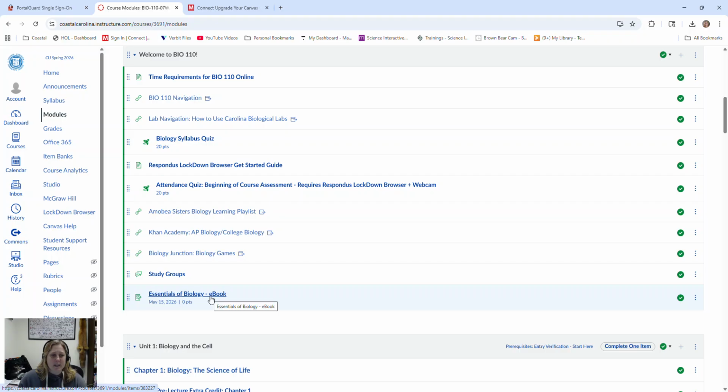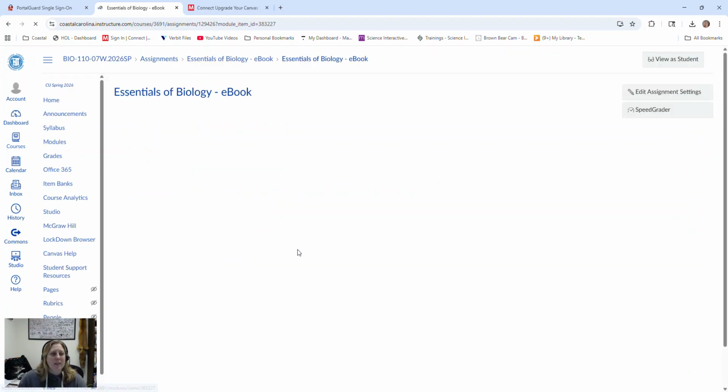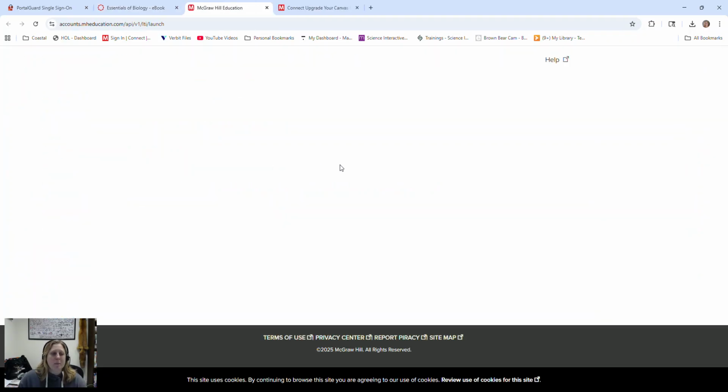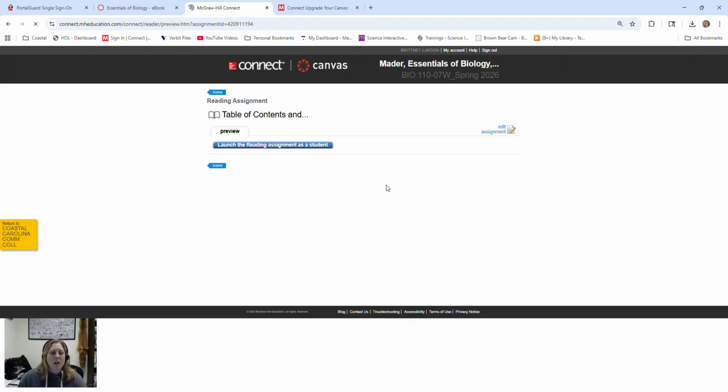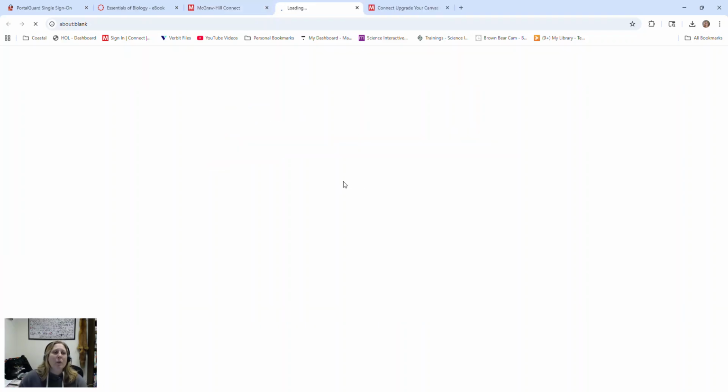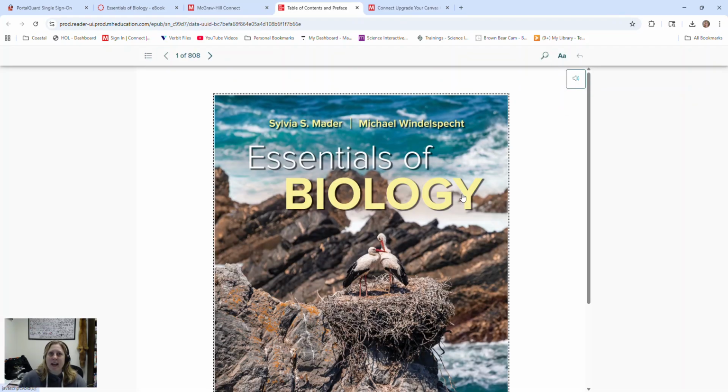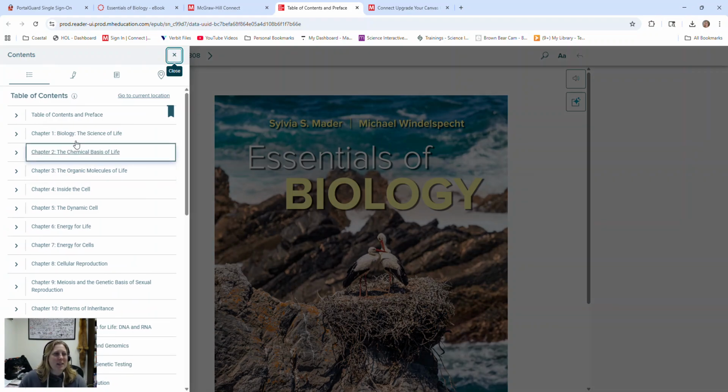Here is your textbook. You have the Essentials of Biology built into your course, so you don't have to buy a manual textbook, a physical textbook if you don't want to. You have it in here. And what you'll see is it's actually a fantastic book. It's a really great tool. My students picked it. I gave them all of the options I was thinking about, and this is the one that students decided was the best.